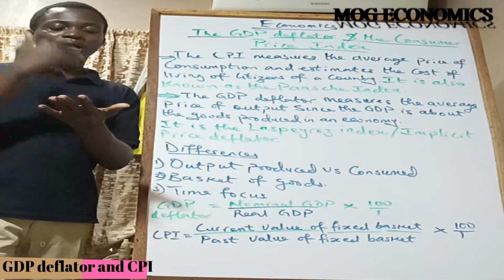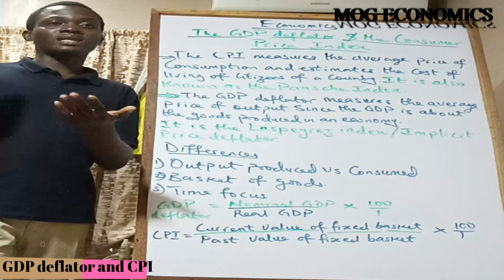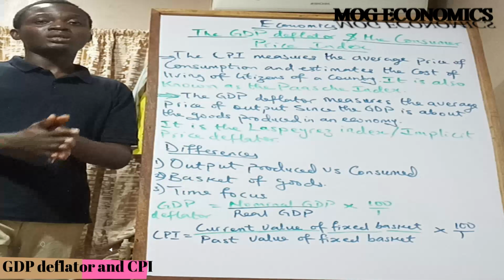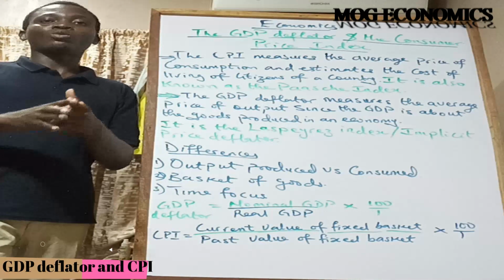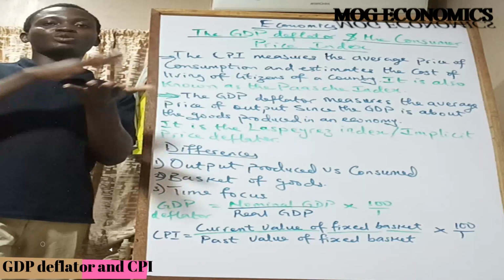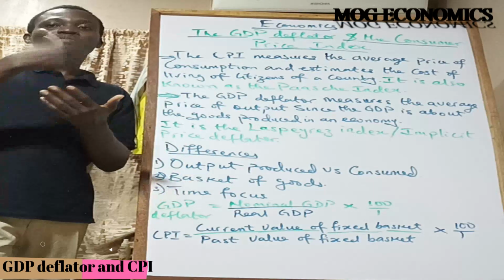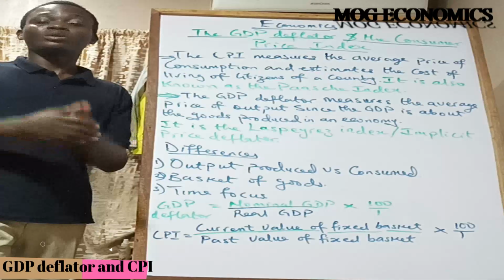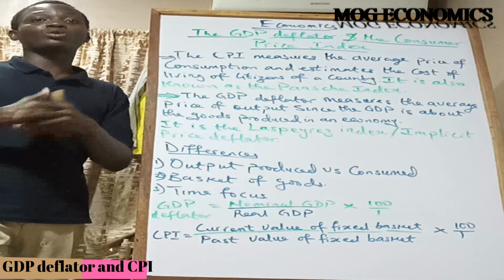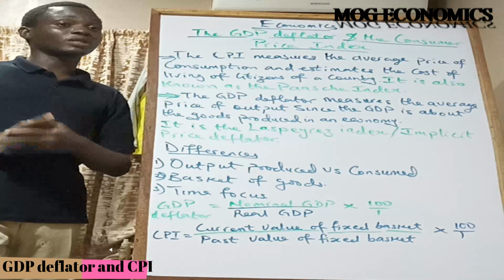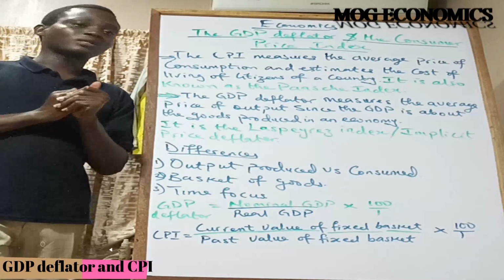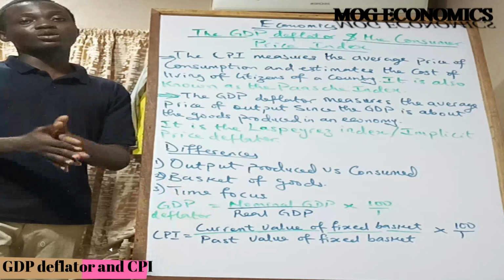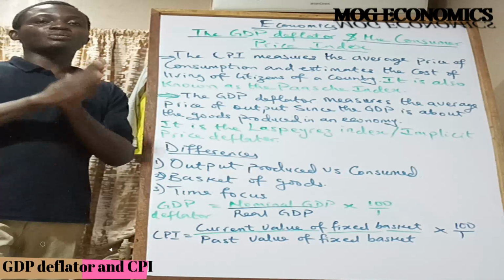So this item, that item, that item. So you can have about a couple of items, 10, 15, 20, whatever. So once that's been made, they could just be using that fixed basket of goods for the next 5 years or the next 10 years. But then it should be revised because you keep having more goods and services in a given economy. So CPI uses a fixed basket of goods, but the GDP deflator does not.